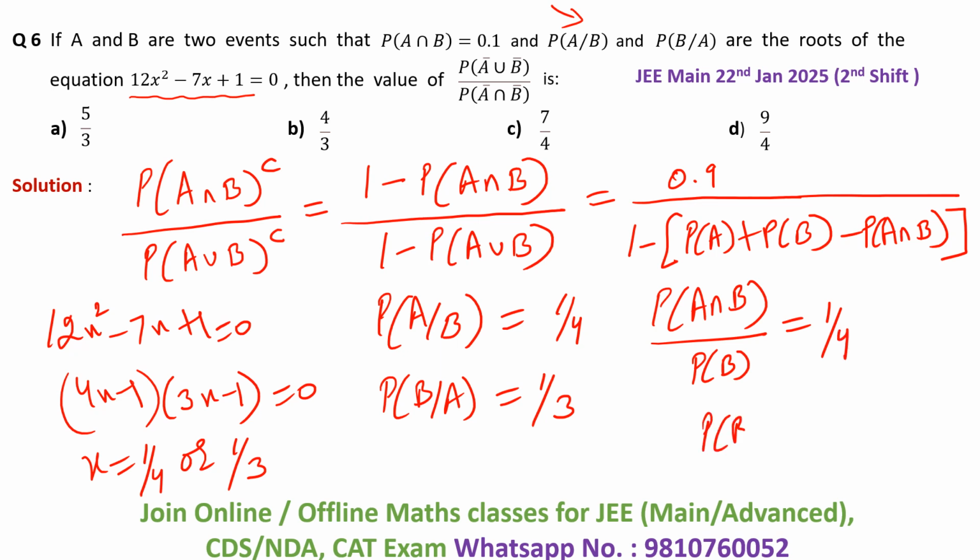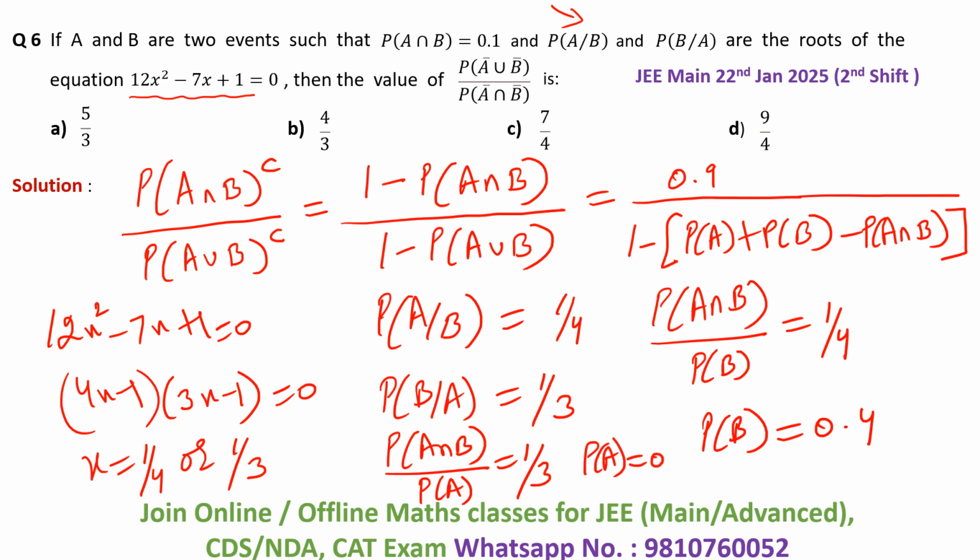So that means from here I get the value of P(B) as 0.4. Similarly, P(B/A) can be written as P(A intersection B) upon P(A). And this is 1 upon 3. So it means the value of P(A) will be 0.3. Fine. So from here, what do we get? We get the value of P(A) plus P(B) as 0.7.